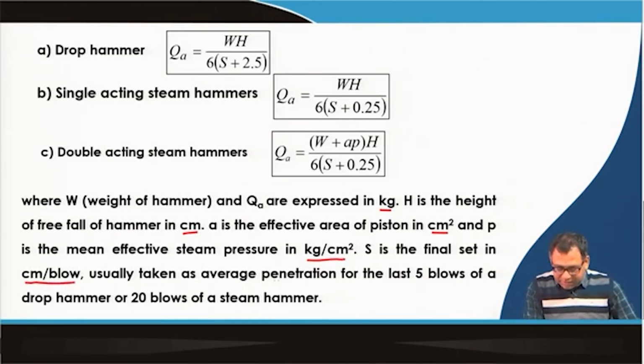Usually the average penetration for the last 5 blows of a drop hammer, or 20 blows for a steam hammer, is taken, as I have mentioned, that we take the average of the last few blows.